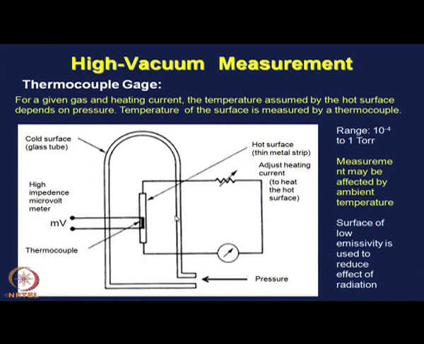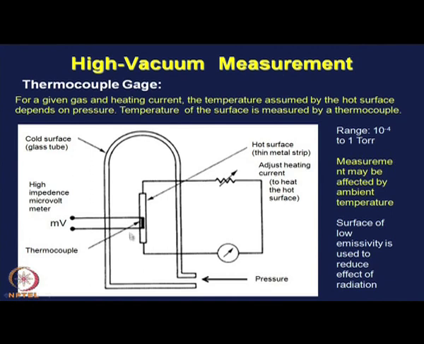Now, for a given gas and a given heating current, the temperature assumed by this metal strip will depend on the thermal conductivity of the surrounding gas, because that dictates the heat loss from this metal strip to this cold surface.